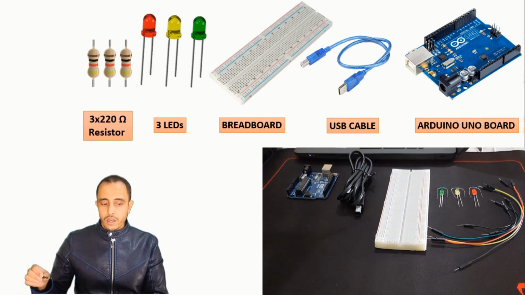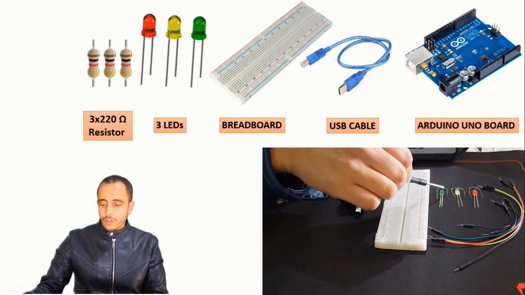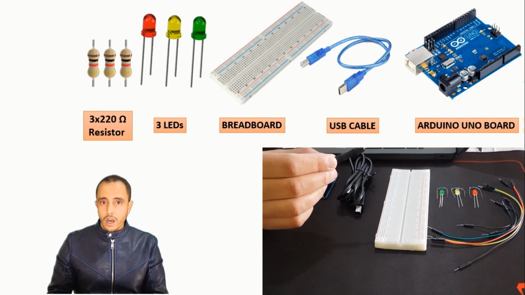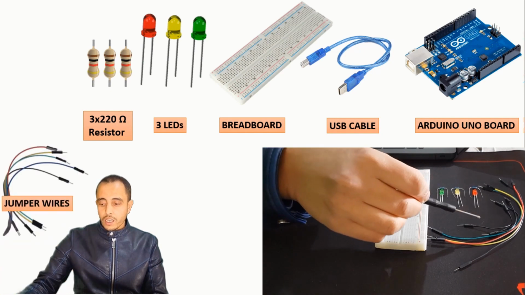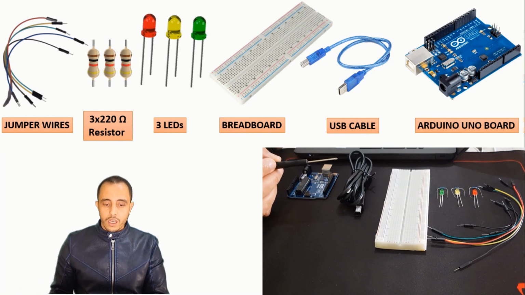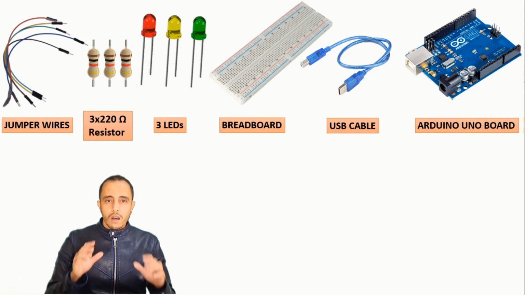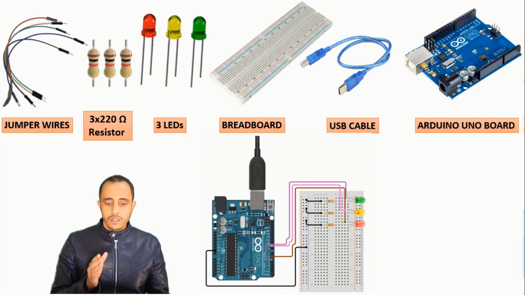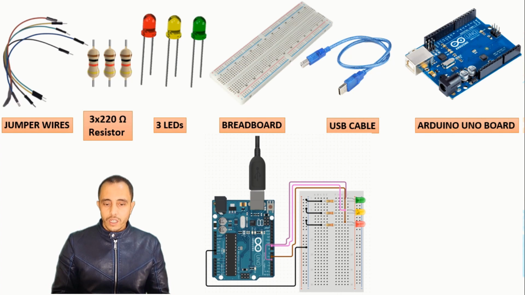Also, we need 3 220 ohm resistors to protect our LEDs from burning out. And the last thing that we're going to need is jumper wires, as you can see in the image. So we're going to take all these things and build this circuit as shown in the middle of the screen.